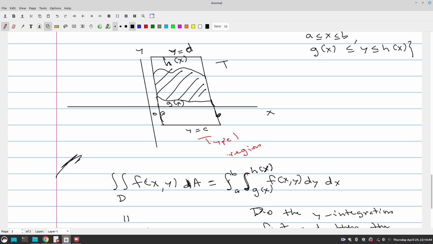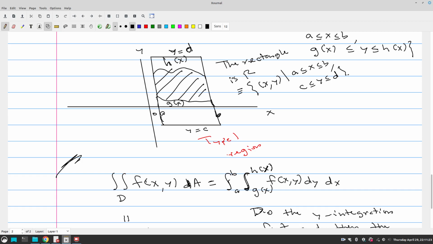The rectangle is R, where R is given by (x, y) with a ≤ x ≤ b and c ≤ y ≤ d. So it's no longer a type 1 region, right? It's now a rectangular region.